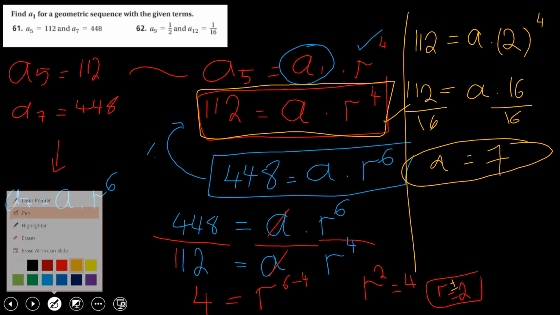Let's do now number 62. In number 62 here, we have a sub 9, which is half, and a sub 12, which is 1 over 16. I need a sub 1. To find a sub 1, we don't know r and a.